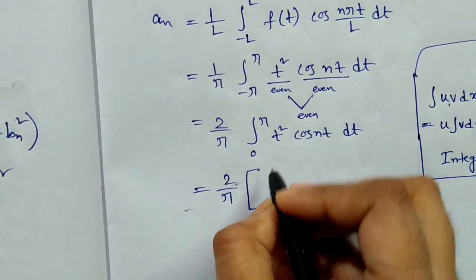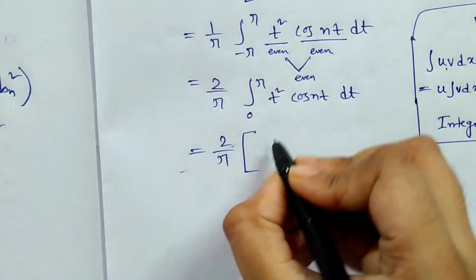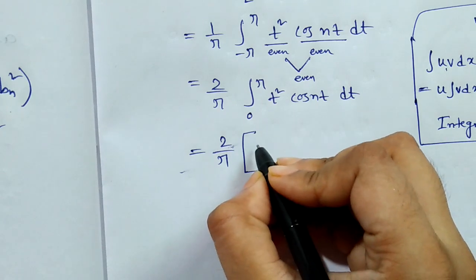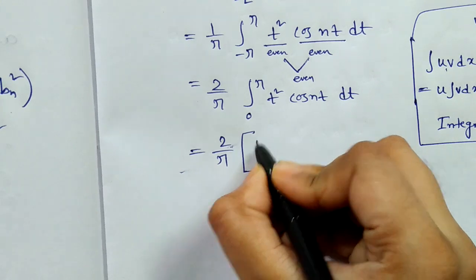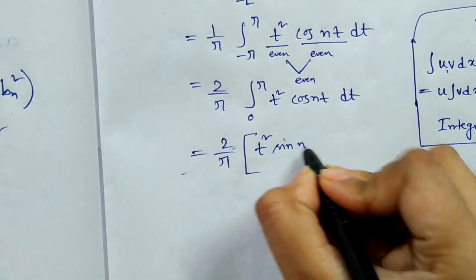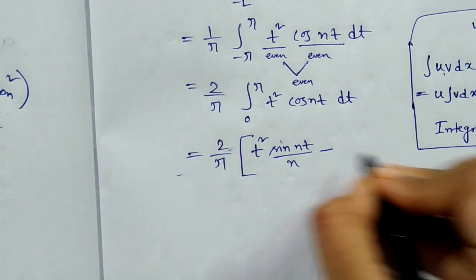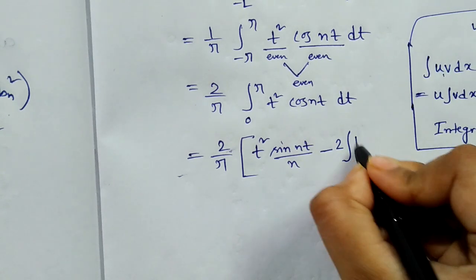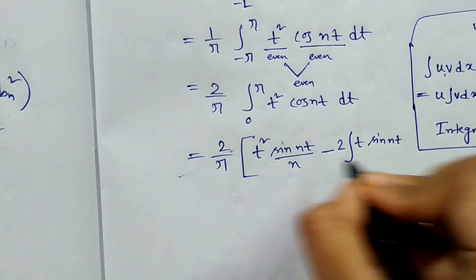Now here, apply this. So this is equal to t square sin nt by n minus 2 integration t sin nt by n.